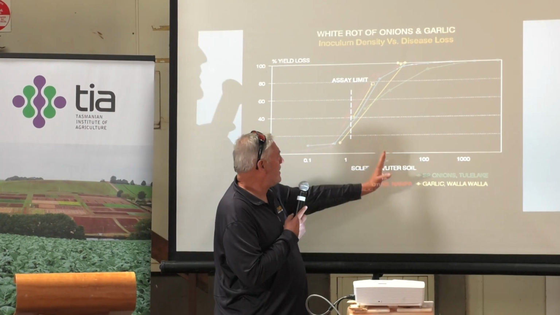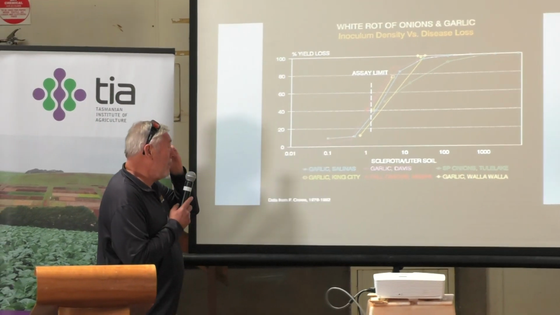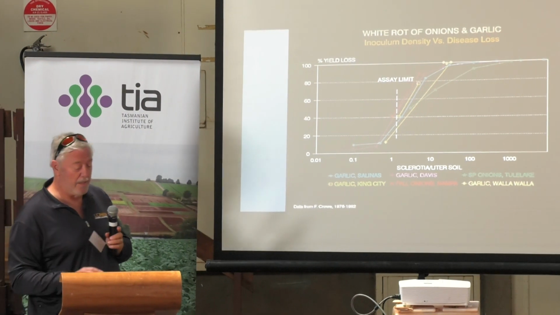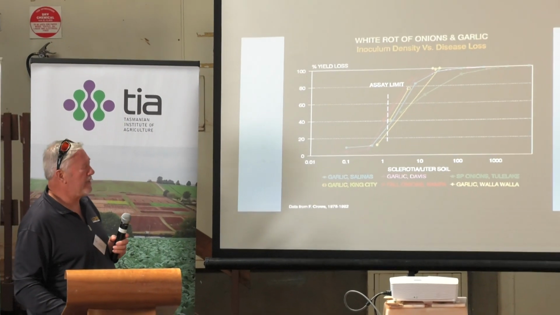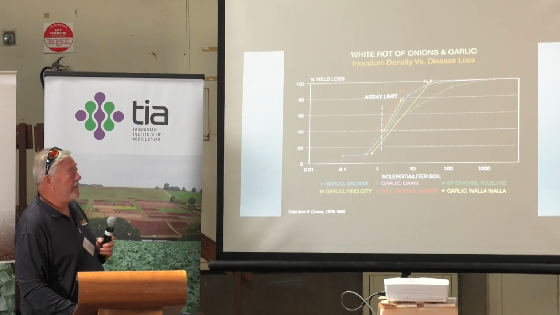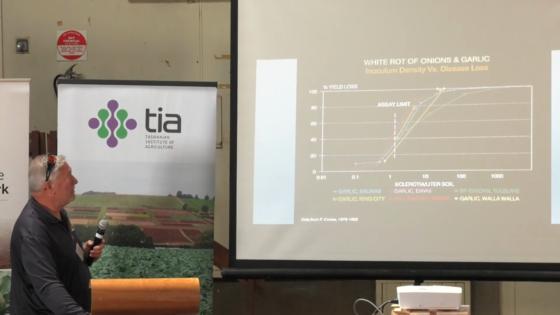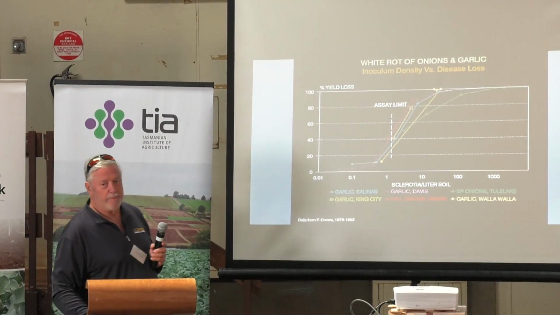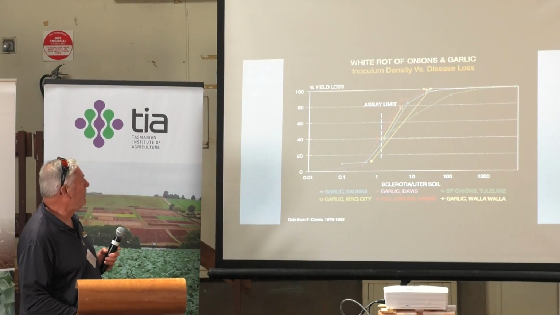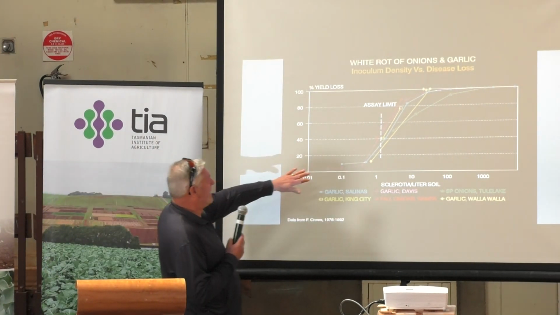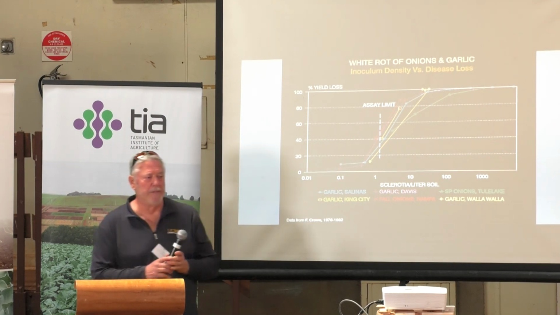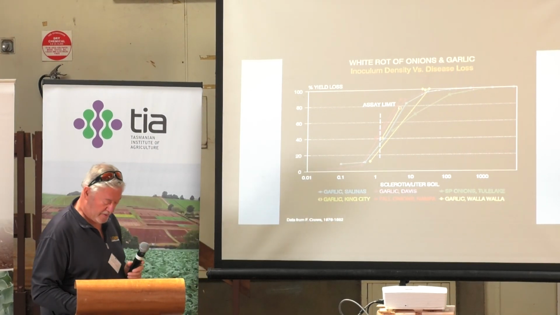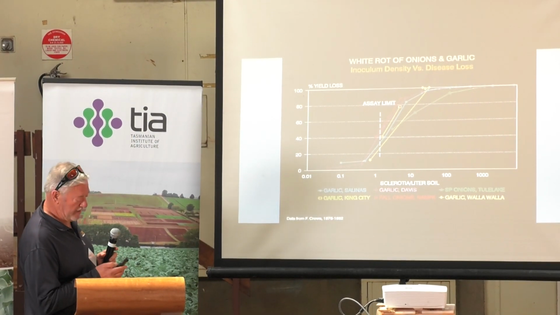And at higher than, say, 10 sclerotia per liter, we're pushing up to 80 to 100% loss. And we have fields or sections of fields that are infested at numbers much higher than that. So those are the fields that people walk away from when they happen. At very low levels, we can't detect it. We might still lose 10, 20% sometimes, which is a frightening proposition in its own right.